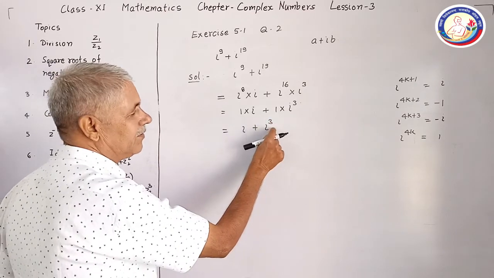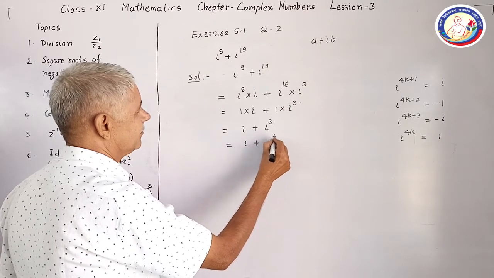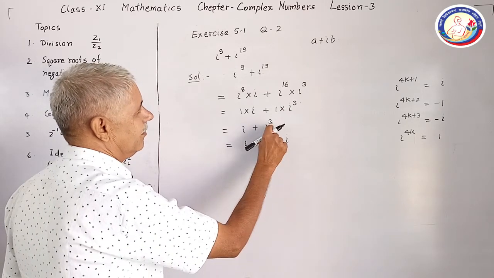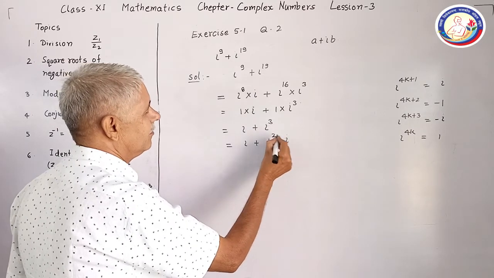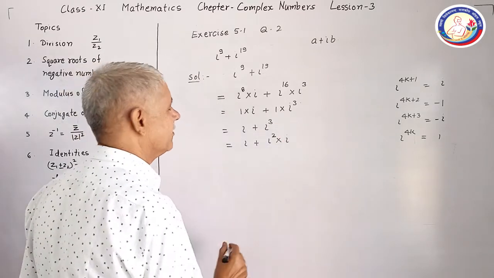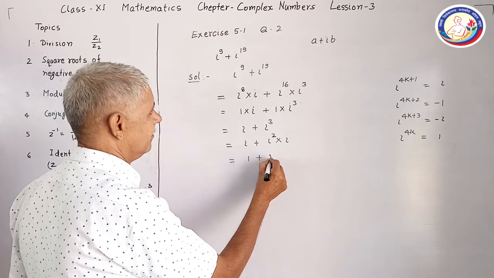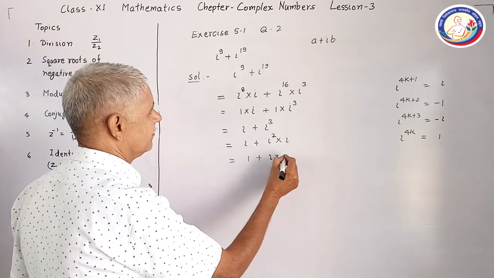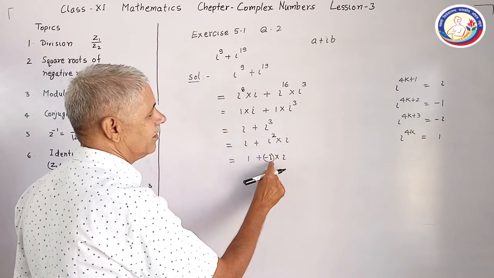We can further simplify this as iota plus iota square into iota. Iota cube can be written as iota square into iota raised to power 1. We don't write 1 here, it is obvious that the power is 1 here. 1 plus 1 into iota, this is minus 1 because iota square is minus 1.